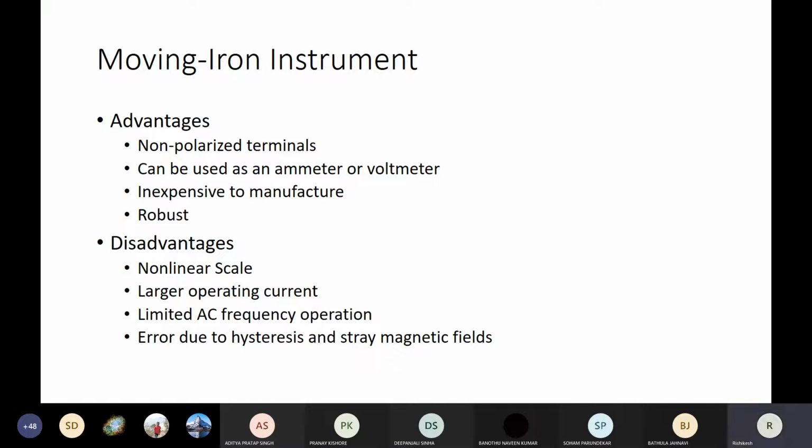And it has limited AC frequency operation, that at high frequencies it will not be able to respond to the rapid variations in the current or voltage.